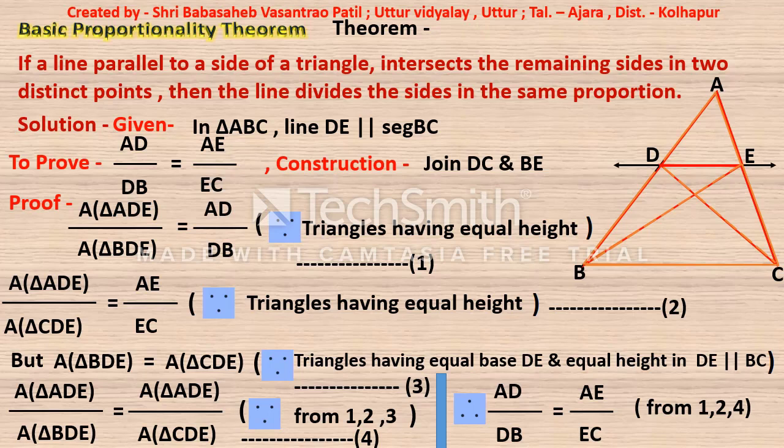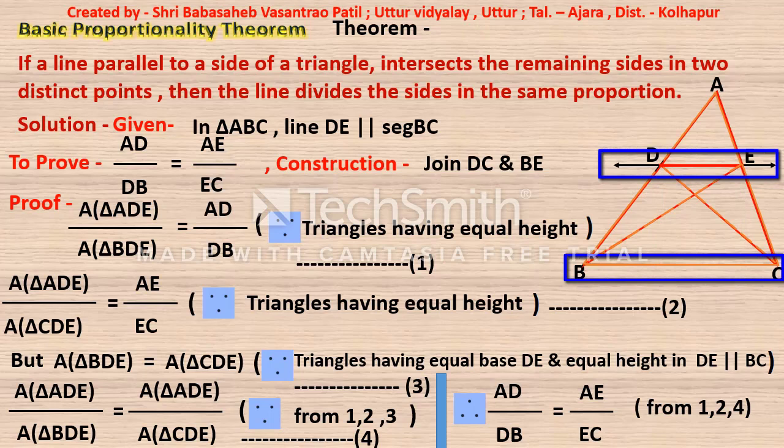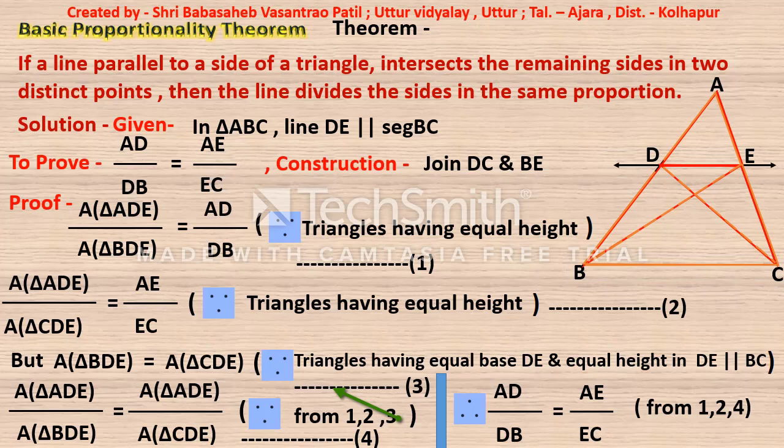We write that reason: triangles having equal base DE and equal height, which lie between DE parallel to BC. That is equation 3.